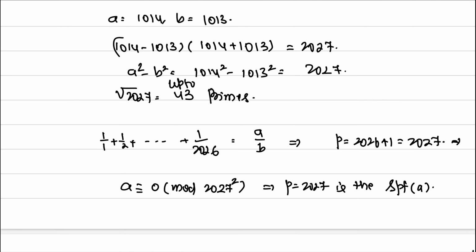That means the smallest prime factor of this particular problem, whatever is given to us, is 17. SPF of numerator is 17 and SPF of denominator is 2. Hence, the sum of the SPF of numerator and denominator is equal to 19.